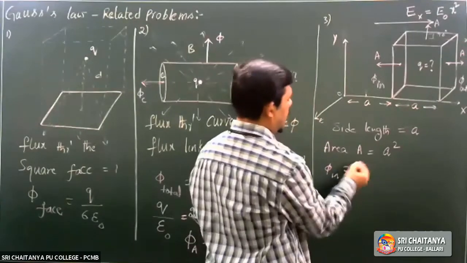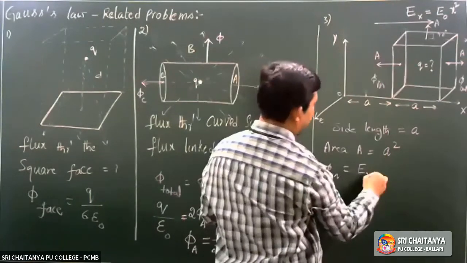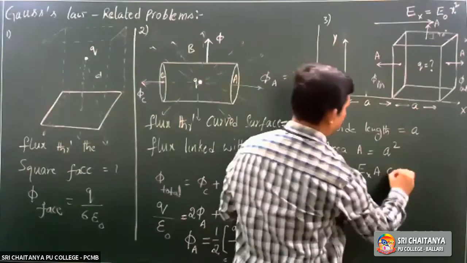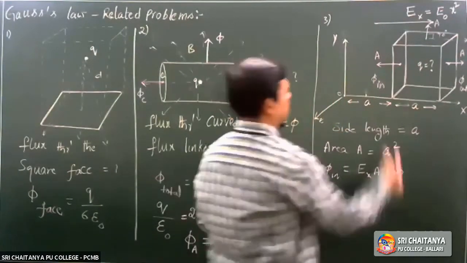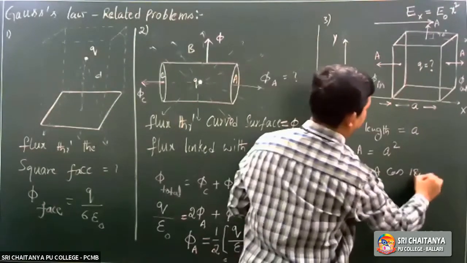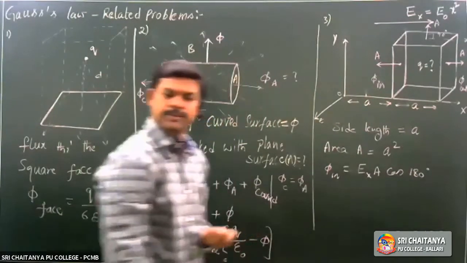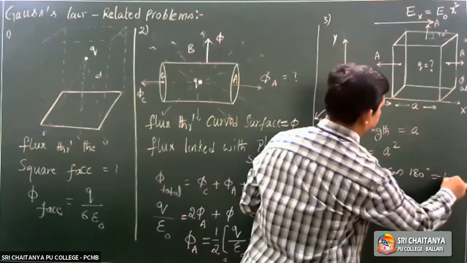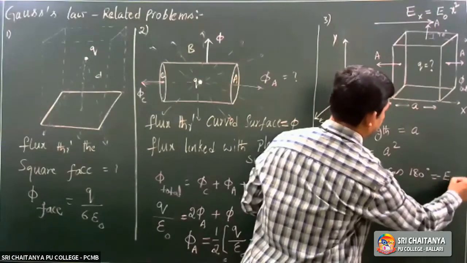Phi in is field Ex, area A, cos of the angle. E is in this direction, A is in this direction, cos 180, right? E A cos 180, minus Ex A.